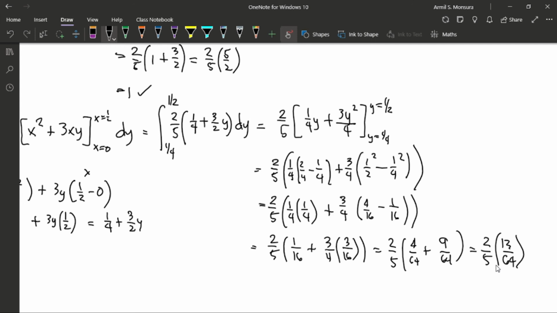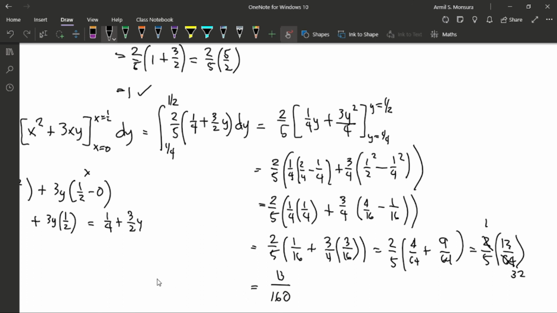And simplifying this, pwedeng i-reduce ito sa 32. Now this reduces now to 13 over 160. Okay?